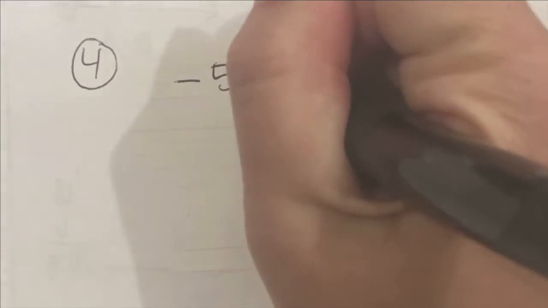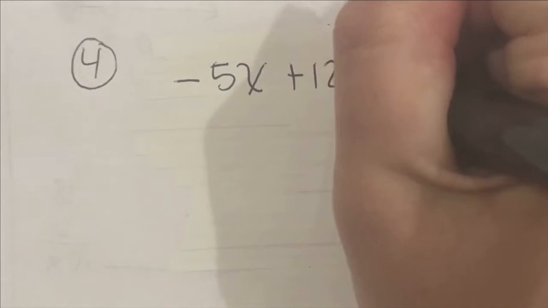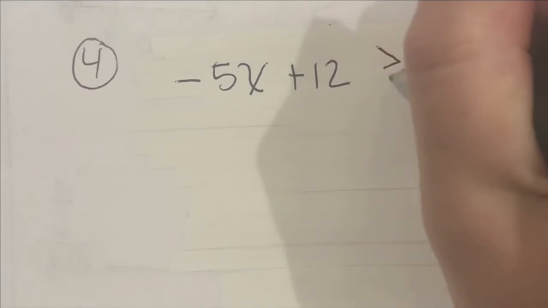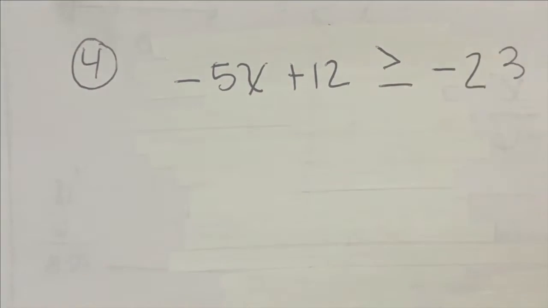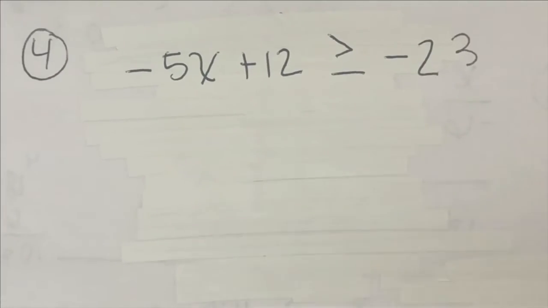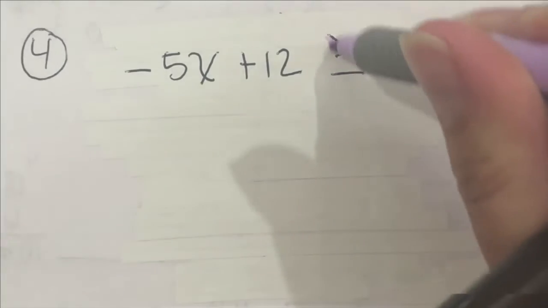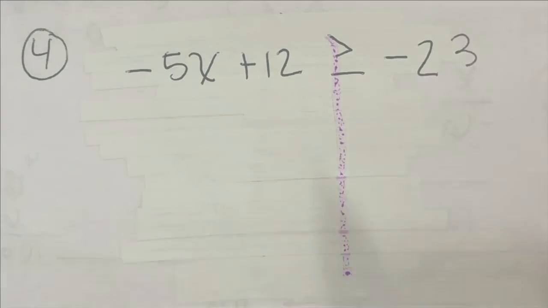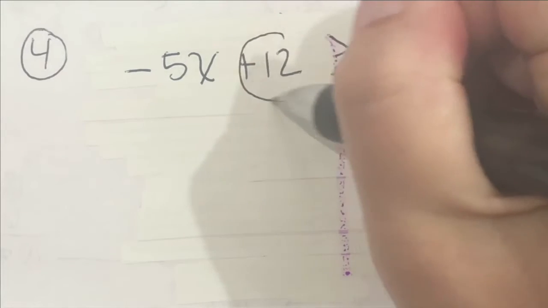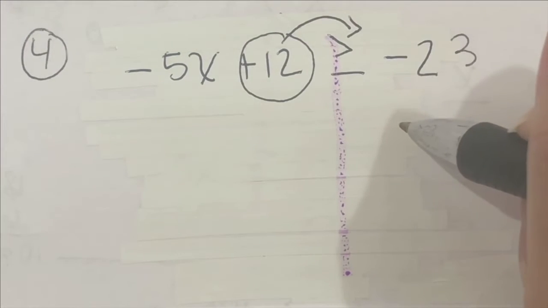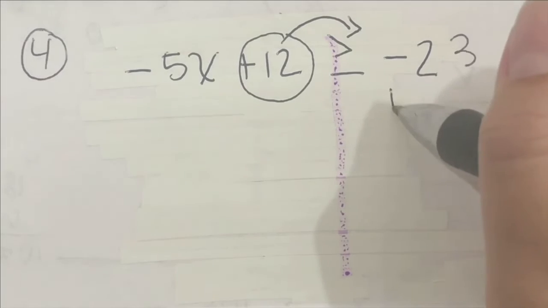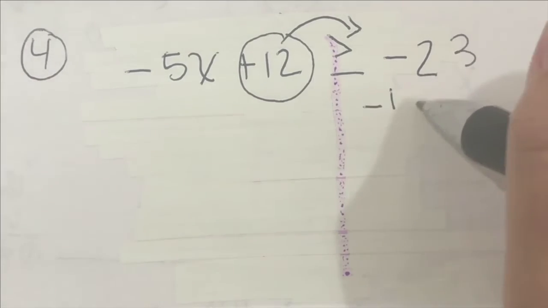Negative 5x plus 12 is greater than or equal to negative 23. So we're going to take the 12, which is positive, and flip it to the other side, which means it's going to become negative.